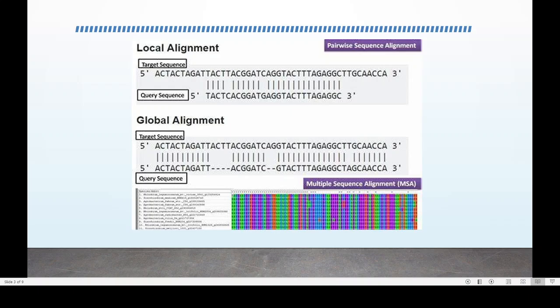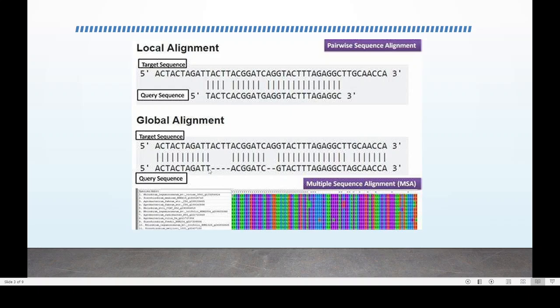Whereas in the second case, this is the first sequence and this is the second sequence. We try to stretch it from the starting point to the ending point, here from the 5' end to the 3' end. You can see that only in certain regions we are finding similarity. For example, up to this there is similarity.